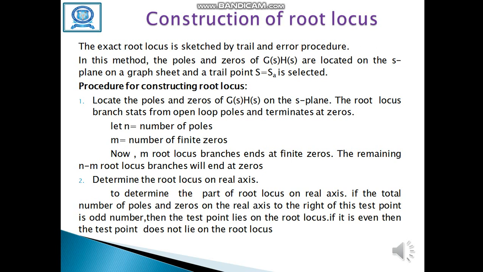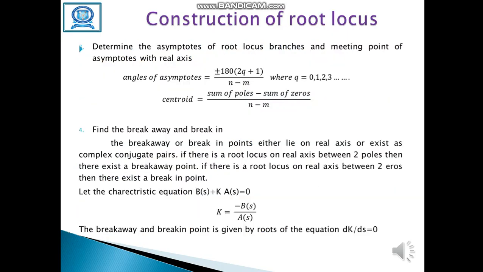To determine the part of the root locus on the real axis, if the total number of poles and zeros on the real axis to the right of the test point is odd, then the test point lies on the root locus. If it is even, then the test point does not lie on the root locus.